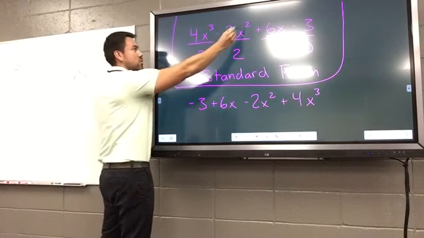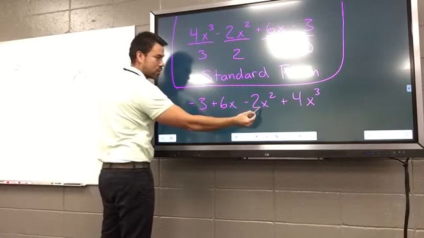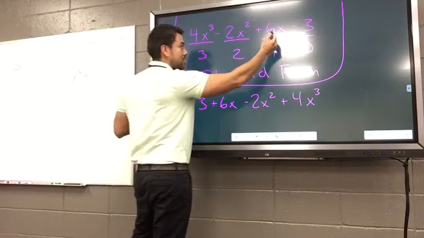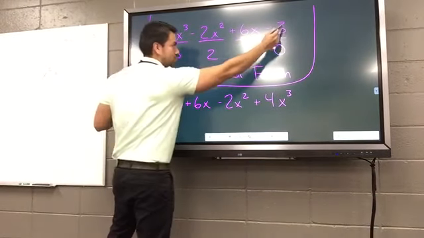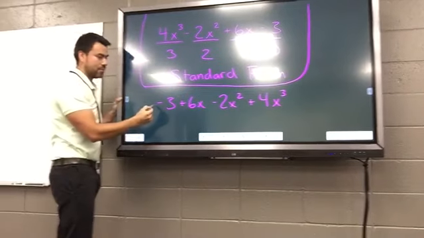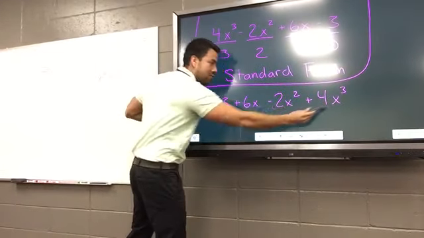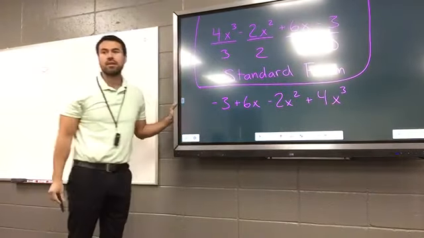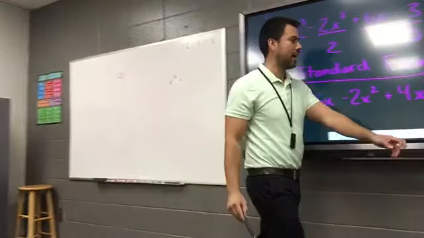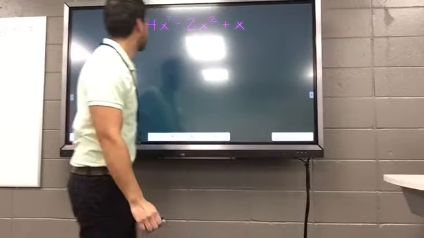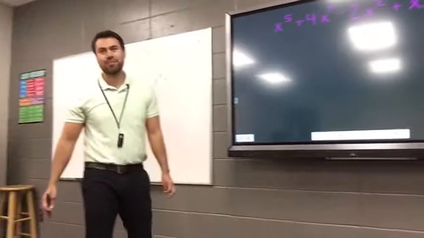What's the sign of 2x squared? Negative. What's the sign of 6x? Positive. What's the sign of 3? Is this a different value than that? No, but it is rewritten in a different form. You need to be able to do that, and you need to be able to do that right now.